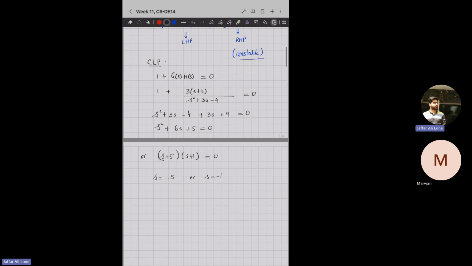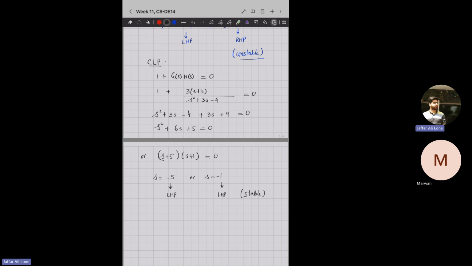Both the poles lie in the LHP, so my system is stable. Correct? So my open loop system was unstable, and when I applied negative feedback, my closed loop system became stable.